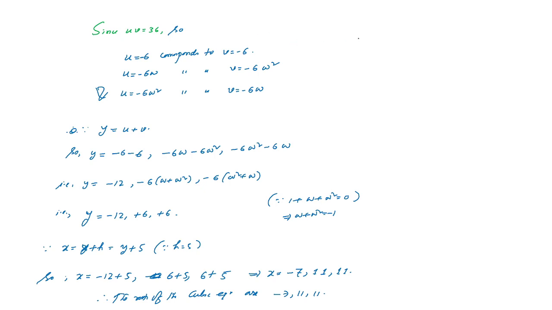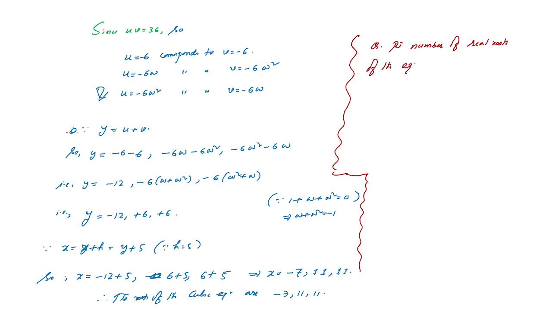If the question is given, the number of real roots of the equation x cube minus 15x square minus 33x plus 847 equals 0 is option A, 0, that means no real root; 1, only one real root; 2 real roots; and 3 real roots.